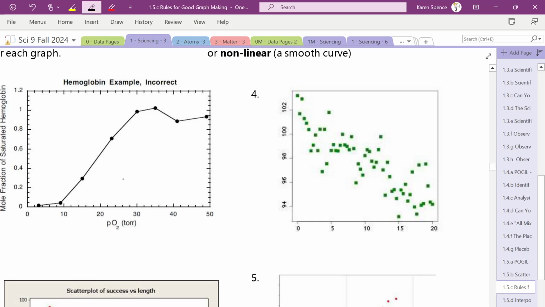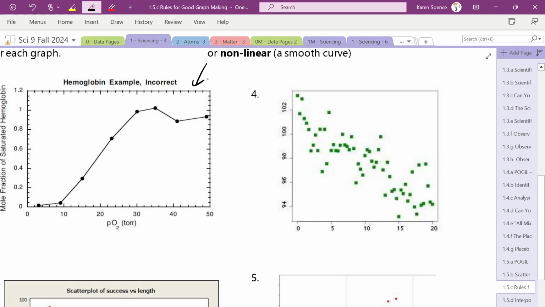This first one, has this first one been drawn nicely? Is this a good draw, good line? No. Does this look like a curve or does it look like a straight line? Any guesses as to what shape this is?